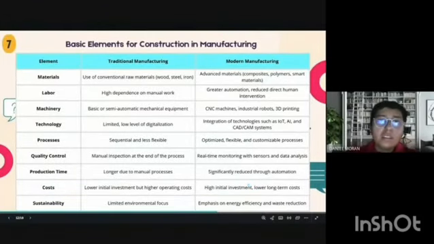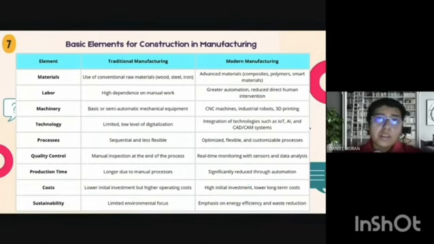Okay, good afternoon, everyone. Today I'm going to talk about the evolution of production systems and how we manage them, starting with the basic elements for construction in manufacturing. As you can see in this comparison table, there is a clear evolution from traditional to modern manufacturing.